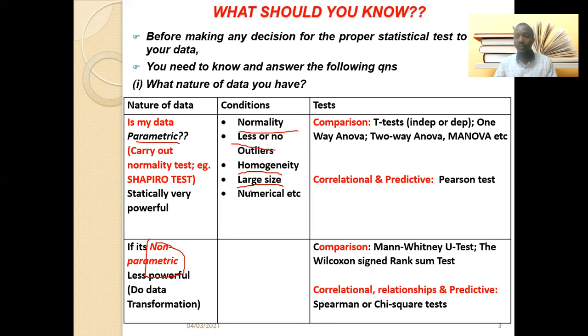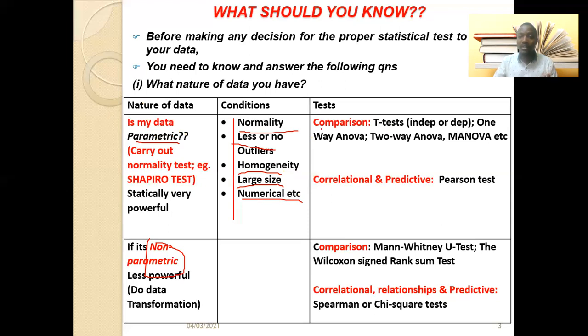We can go to the large sample size theory. The data should be numerical in nature. These are some of the assumptions that indicate that my data is parametric in nature. And if your data is parametric, then you have some special statistical tests which measure parametric kind of data.